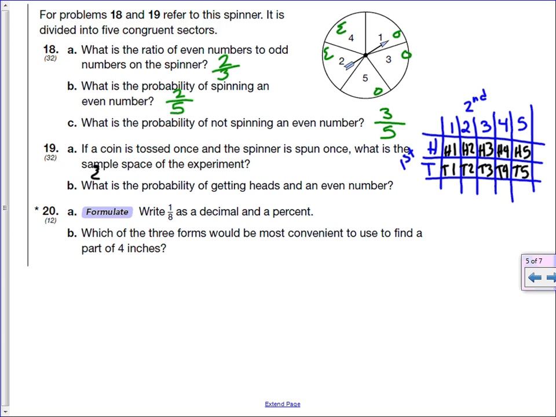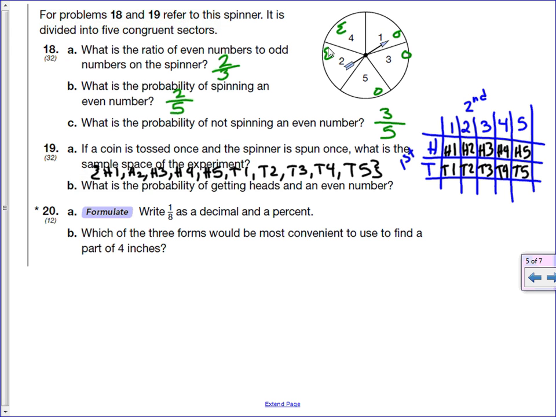So we have heads 1, heads 2, heads 3, heads 4, heads 5, tails 1, tails 2, tails 3, tails 4, and tails 5.